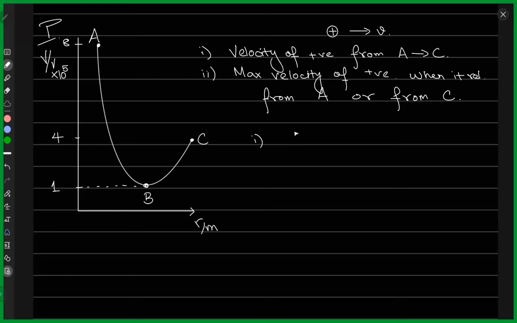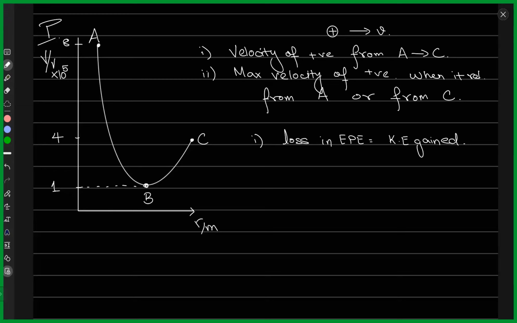And that's very simple. I'll say that the loss in electrical potential energy will eventually turn into all the kinetic energy that it gains, the kinetic energy gained by the particle. So how do I compute this loss in electrical potential energy?